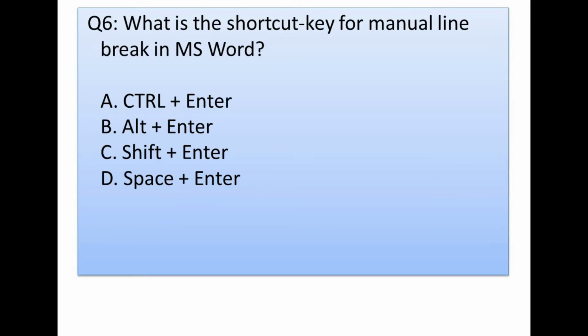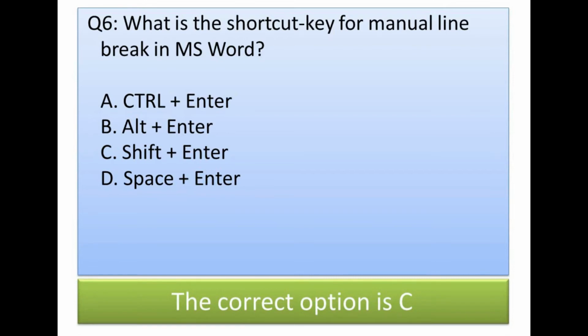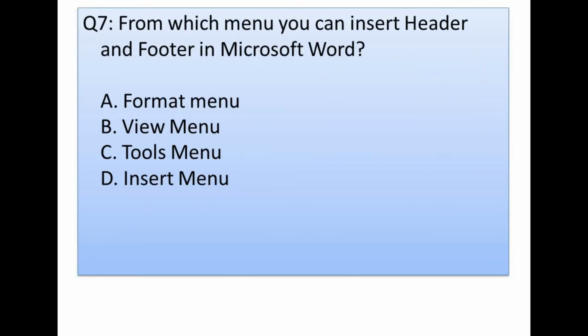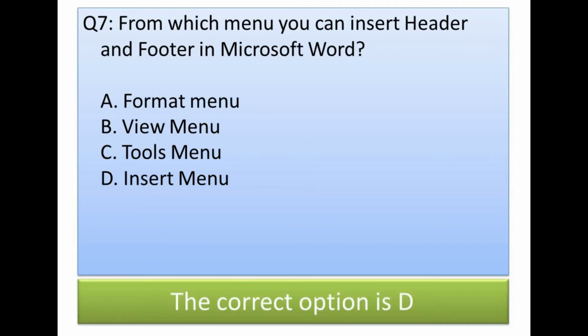Control plus enter, Alt plus enter, Shift plus enter, Space plus enter. So the correct option is C. From which menu can you insert a header and footer in Microsoft Word? Format menu, view menu, tools menu, insert menu. So the correct option is D.